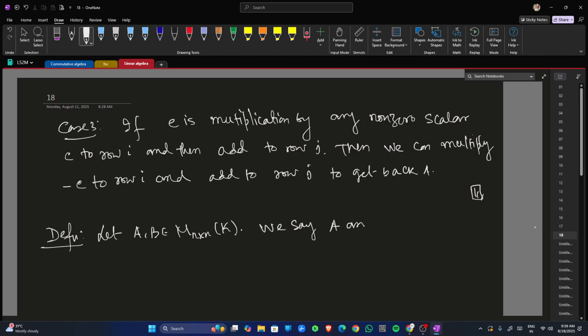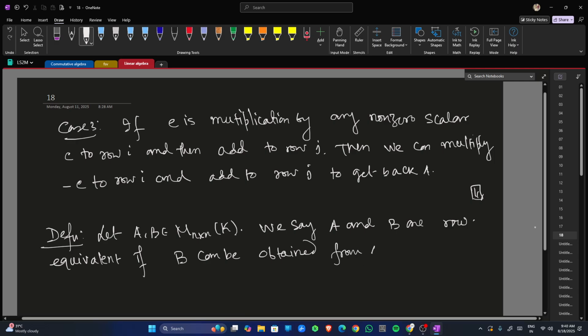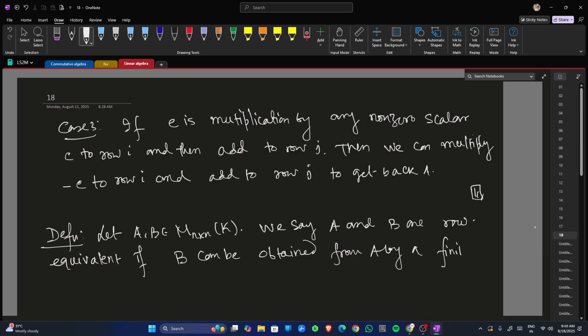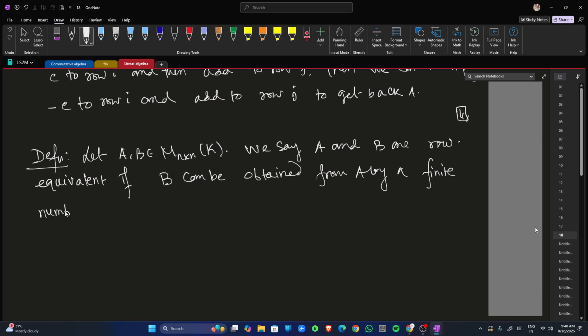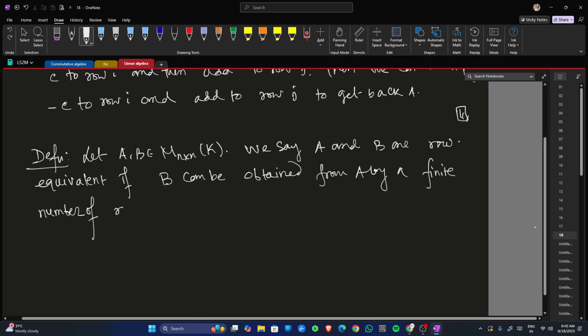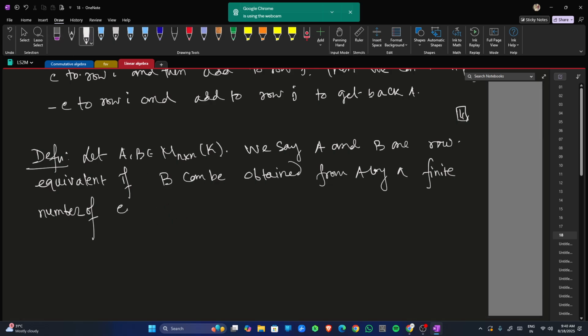We say A and B are row equivalent if B can be obtained from A by a finite number of elementary row operations.